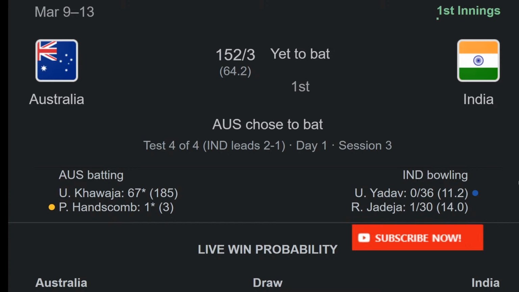Umesh to Handscomb. No run. Yorker length ball. Back foot defense by Handscomb. Directly to the wicketkeeper.